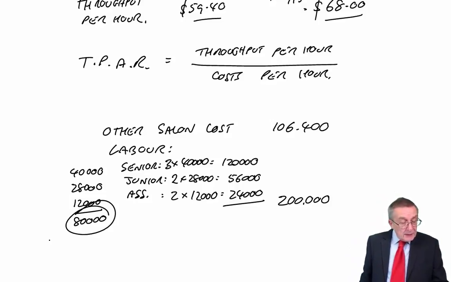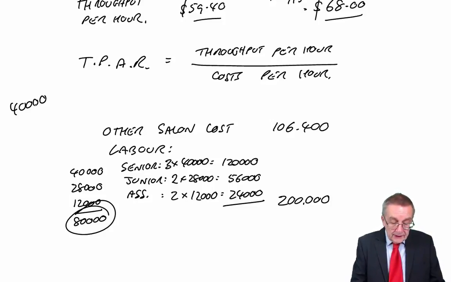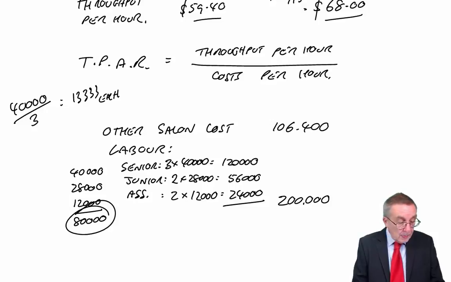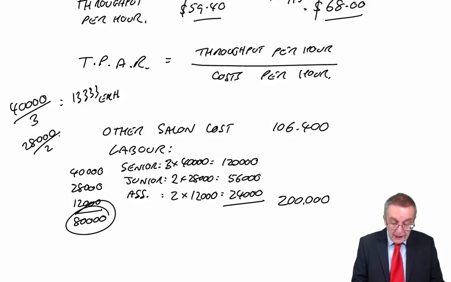But if you think about it, if it was 40,000 in total for the 3 stylists, that would mean they were each getting paid, what is it, 13,333. If it was 28,000 for the junior stylists, there are only 2 of them, they would be getting paid 14,000 each.